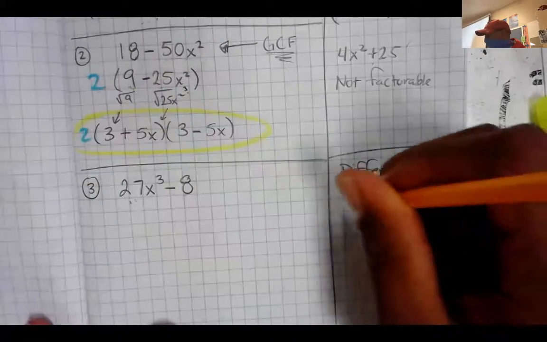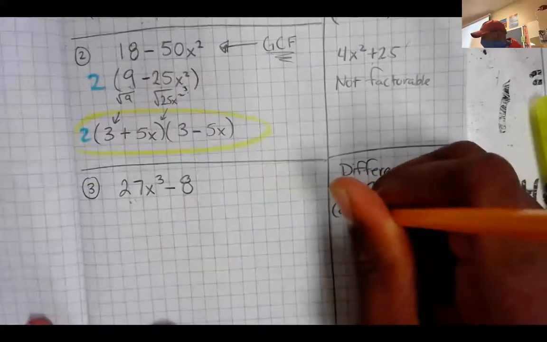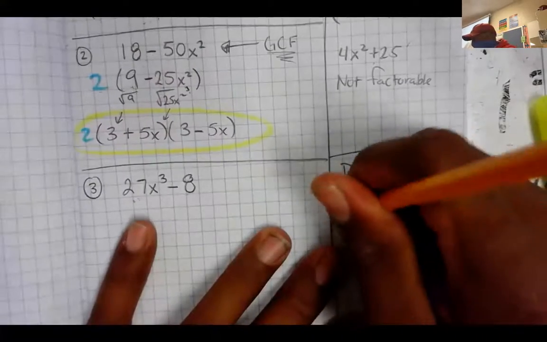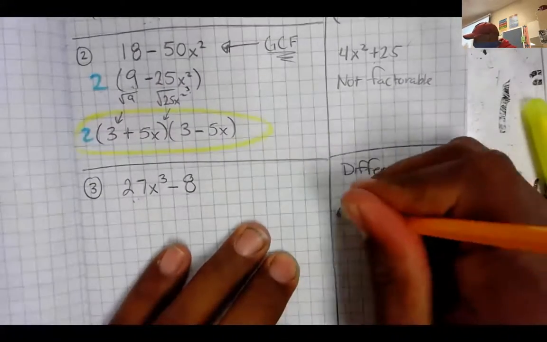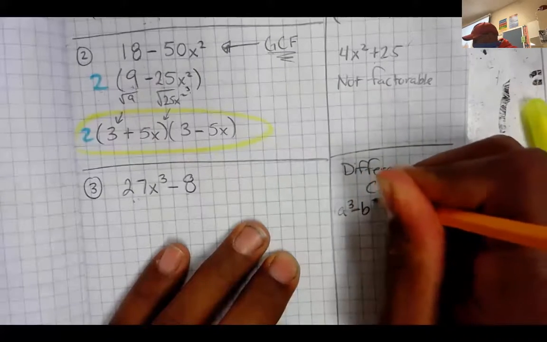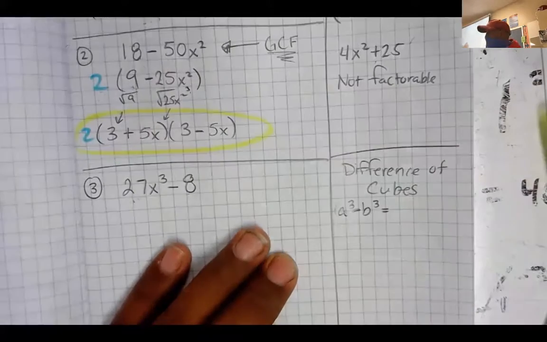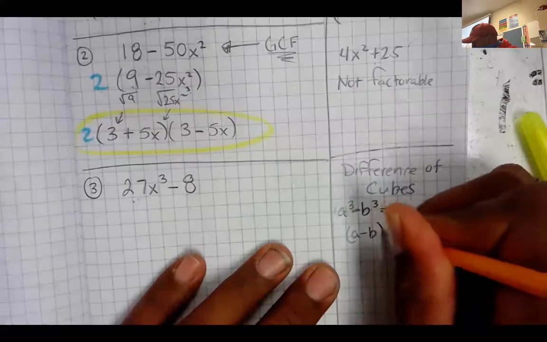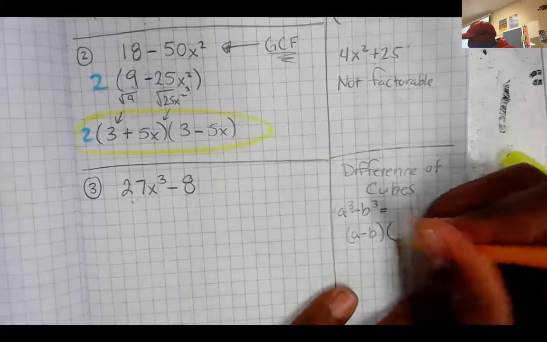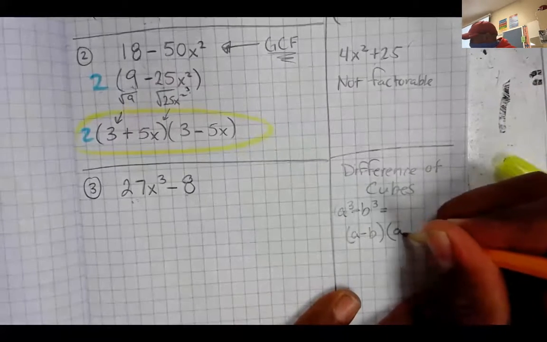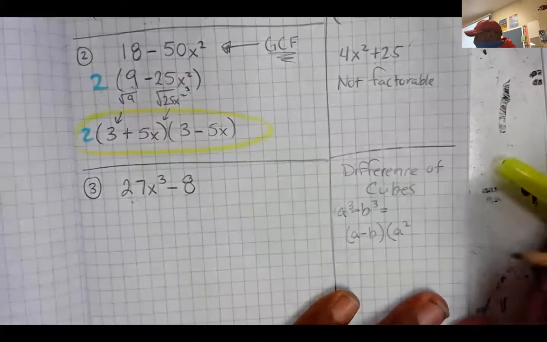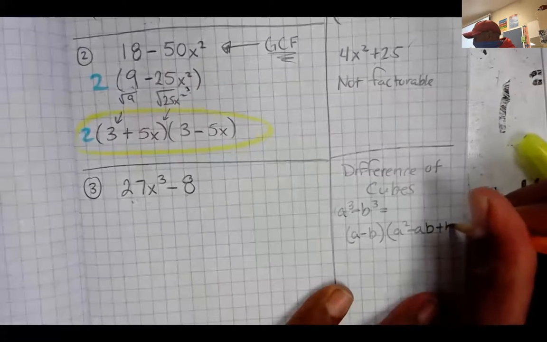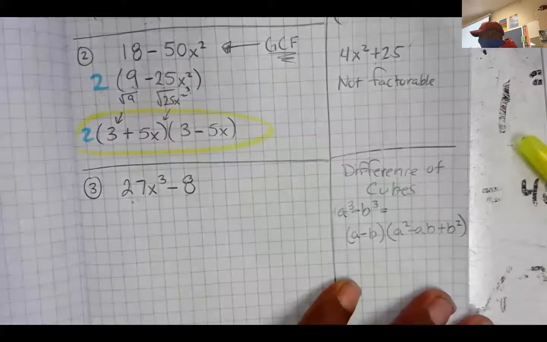Okay, so now perfect cubes. You need a formula for this one. If it's a difference, which means you're going to subtract, actually, let me write it like this. If you have a perfect cube minus another perfect cube, the formula will be A minus B times, you take your A and square it, then you subtract A times B, and then you add B squared.